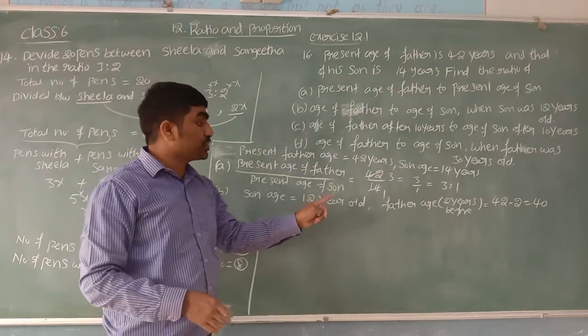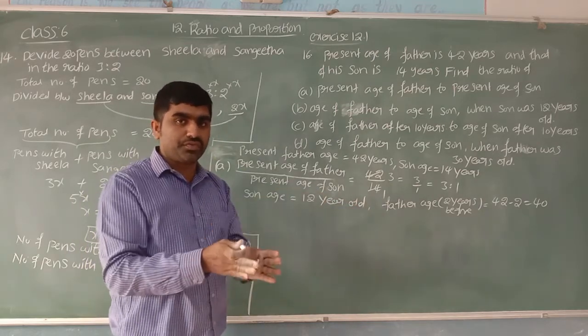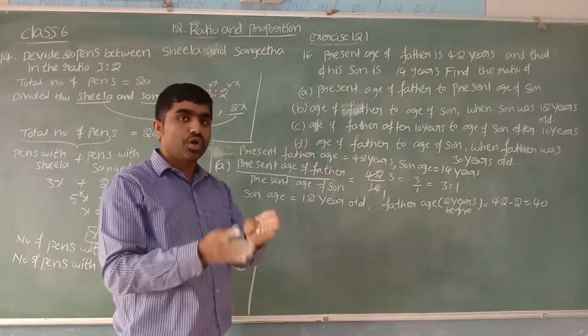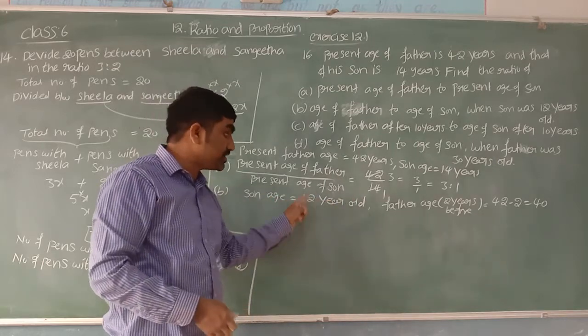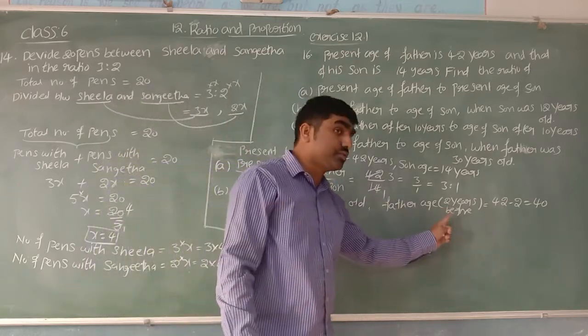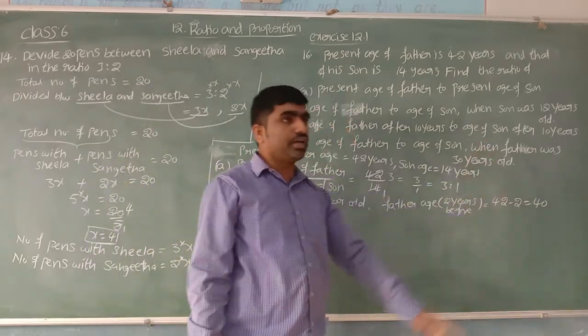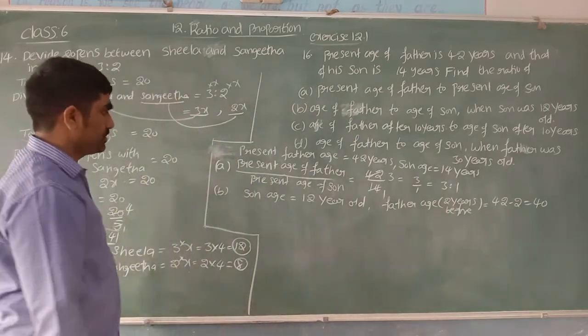When the son age is 12 years means 2 years ago. 2 years ago son age is 12 years. Then 2 years ago father age is also reduced. What is the father age? 40. Father age is 40 years.